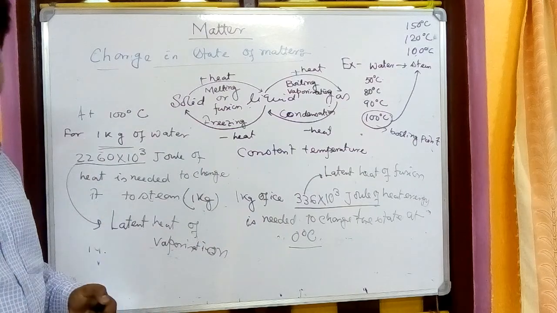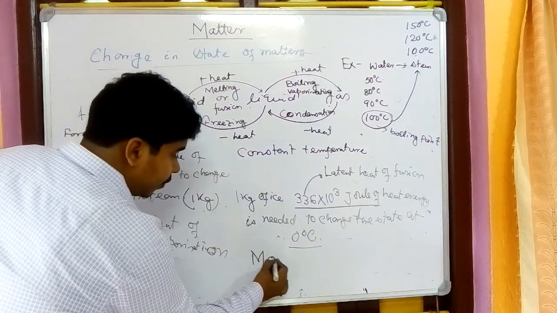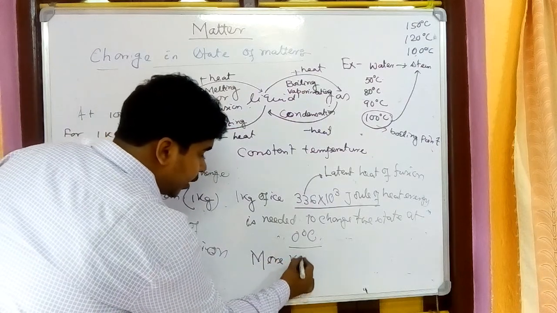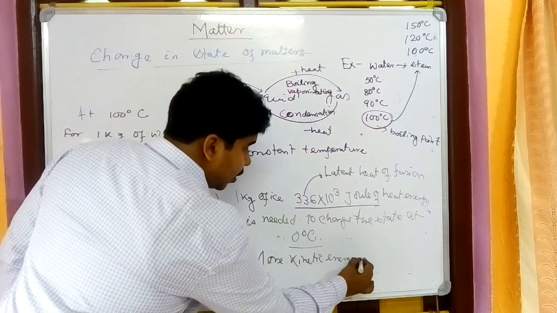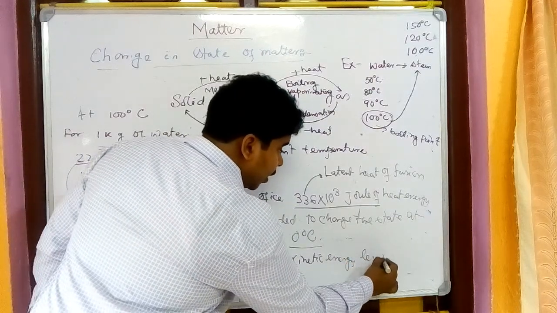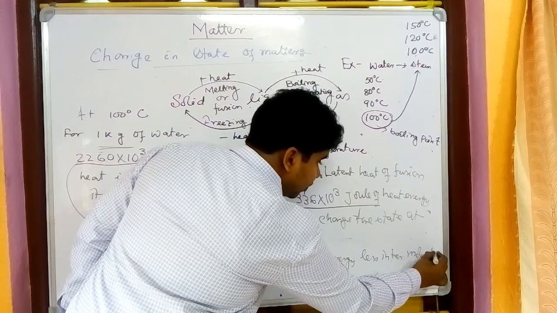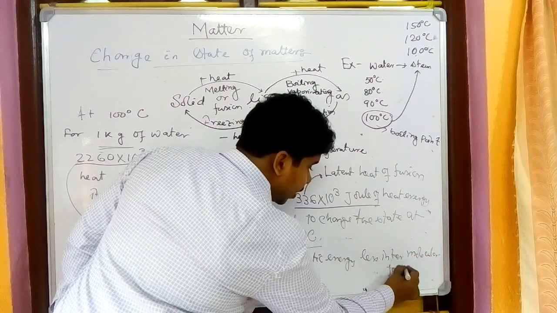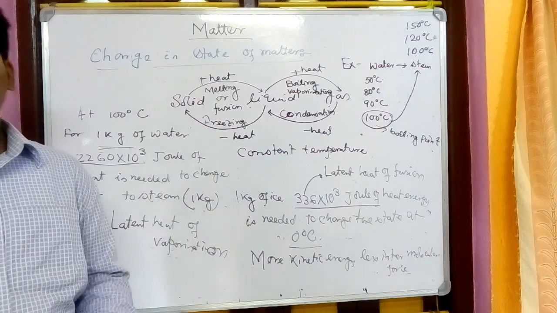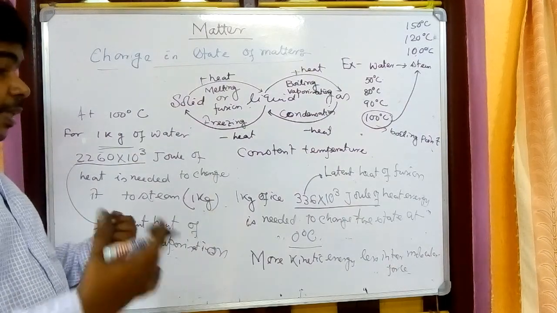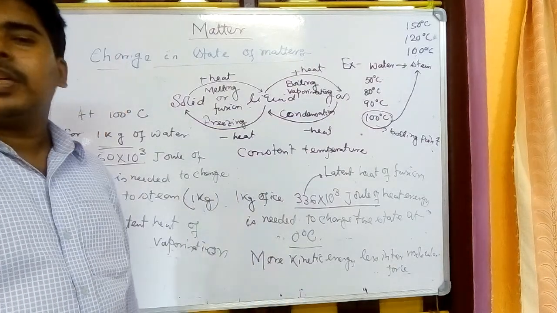More kinetic energy means less intermolecular force. As intermolecular force decreases, it is converted into gas, and less kinetic energy means more intermolecular force, in the reverse way.